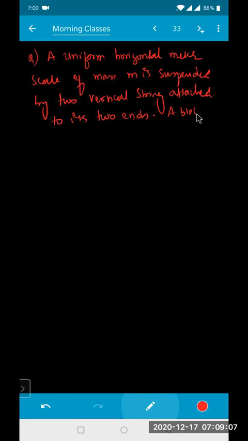First, a block of mass 3m is placed on the 60 centimeter mark.